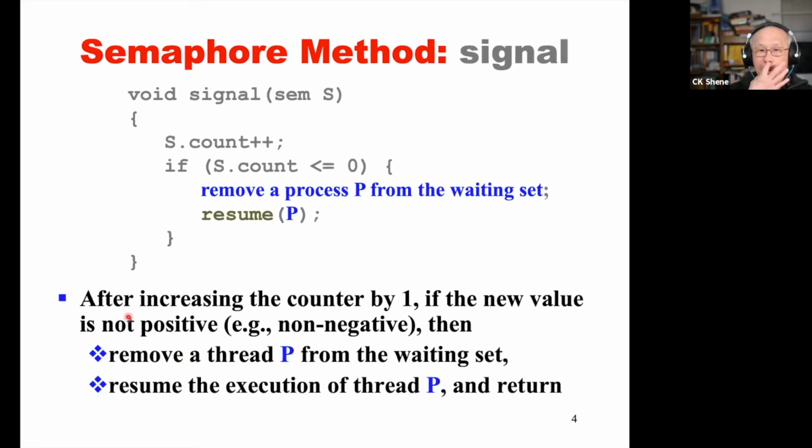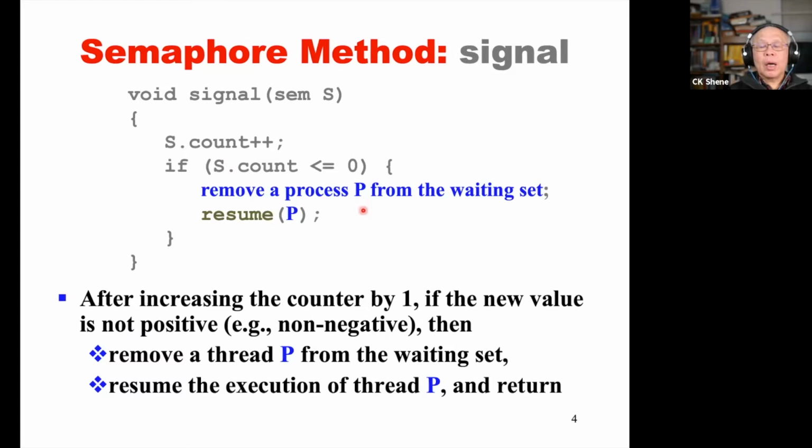The definition of the signal method is similar. First of all, when a thread calls signal, 1 is added to the counter. Now, if the new counter is less than or equal to 0, then we remove a thread from the waiting list and resume its execution.